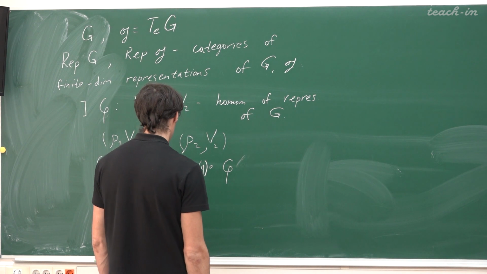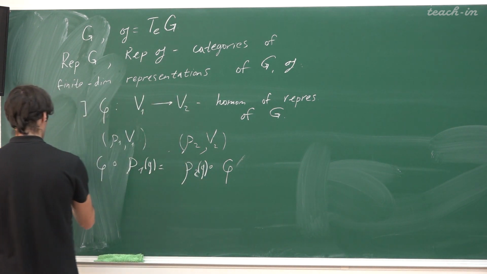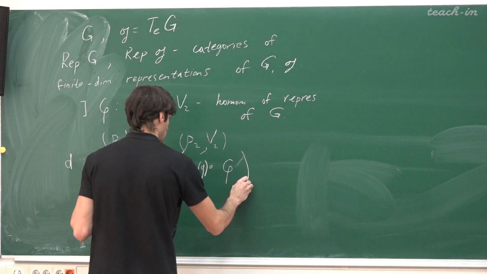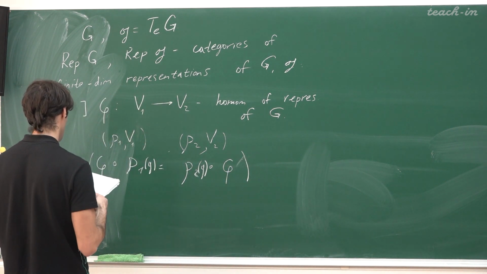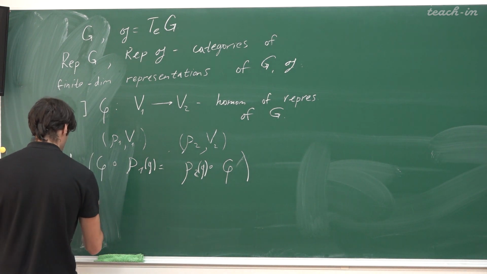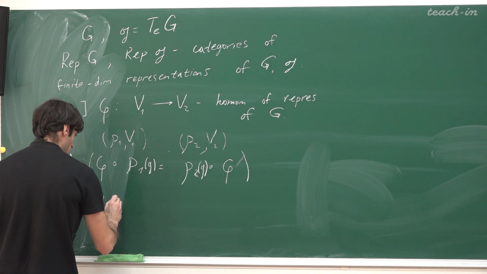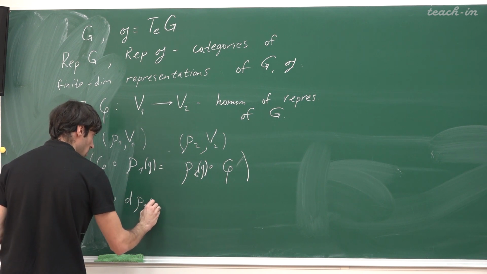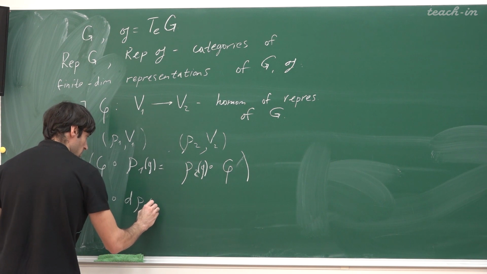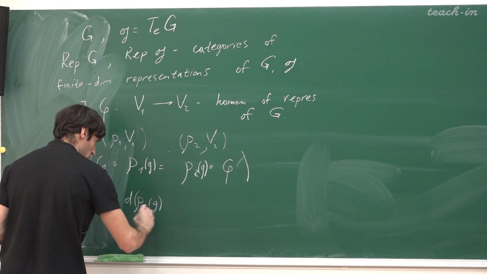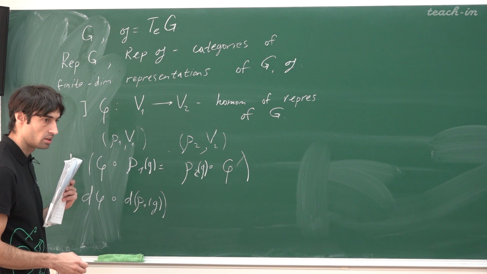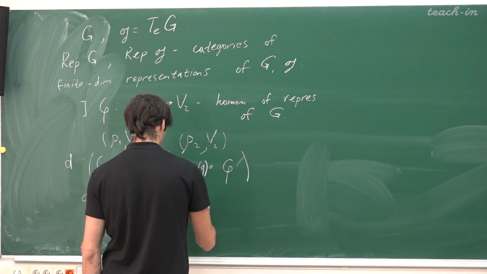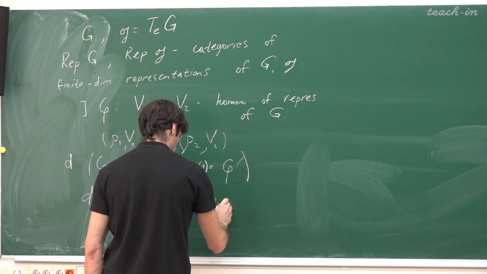So these are linear maps from V1 to V2. All right, but then let me take the differential of this. If I take the differential, I will have d phi d rho 1 of x equals d rho 2 of x d phi, so I should write it like that.